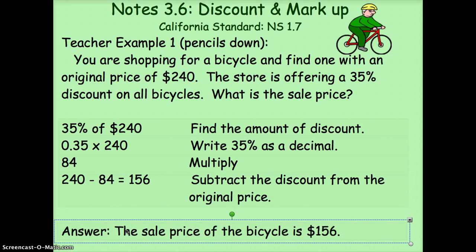Since it's a word problem, I need words. There's another way of looking at this: if they're taking 35% off, that means they're keeping 65%. So if you multiply 240 times 65%, you'd end up with the same final price of $156.